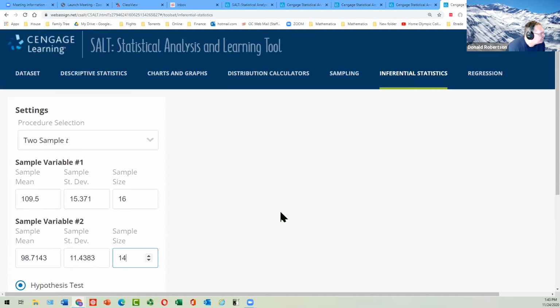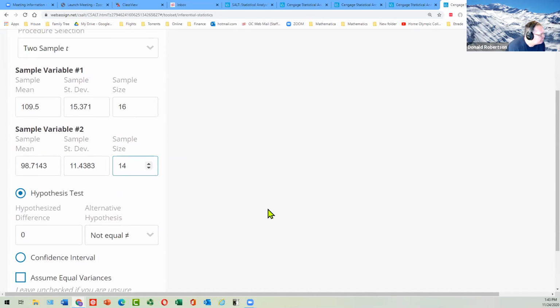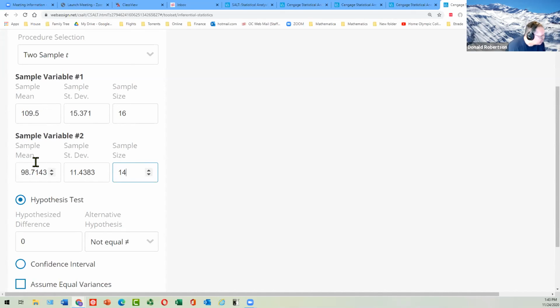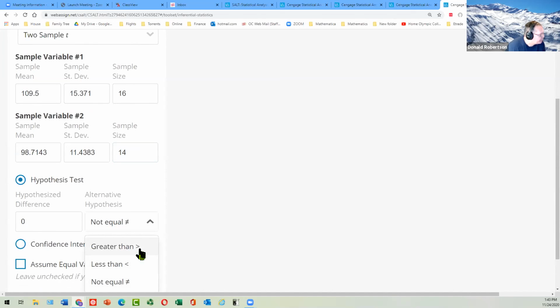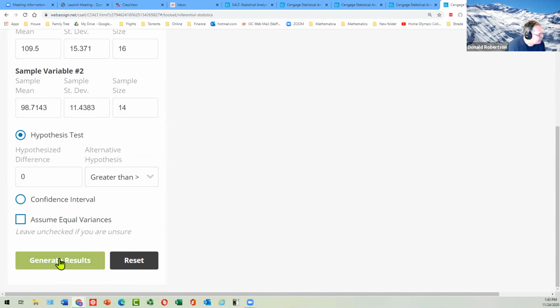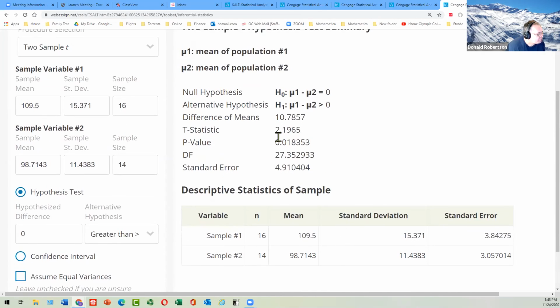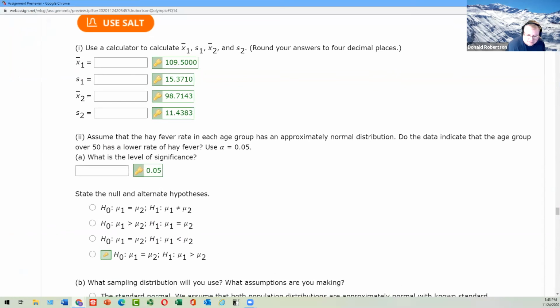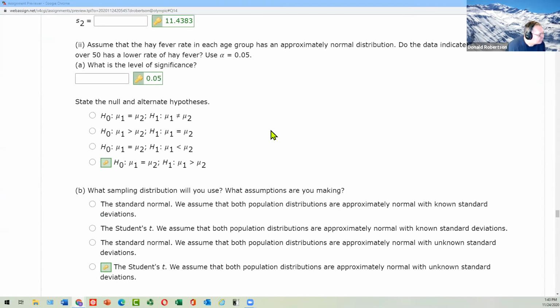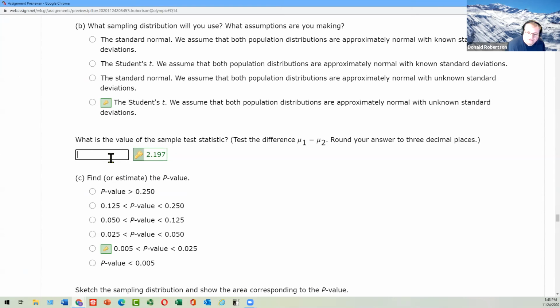And we were looking for, if I remember correctly, that the first group, which is this one, is more than the second group. I'll generate results. We have a t-score of that number and a p-value of that number. So let's see if that works out. That is brilliant, it's working. That's your t statistic, 2.197.